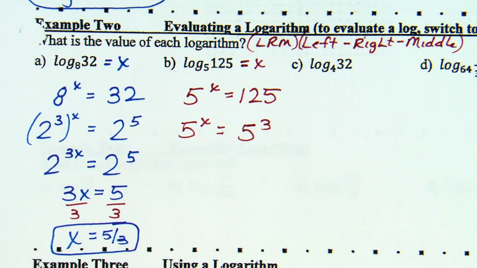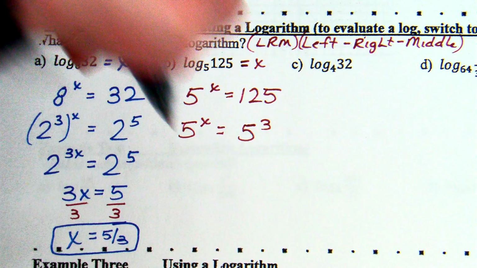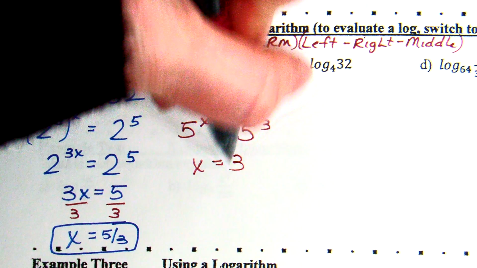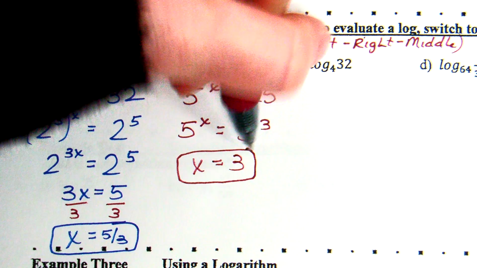Thoughts? If my bases are the same, then my exponents are the same. What are my exponents? X and 3. So what do I know? X equals 3. Any more solving? No.